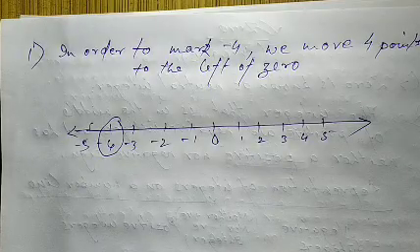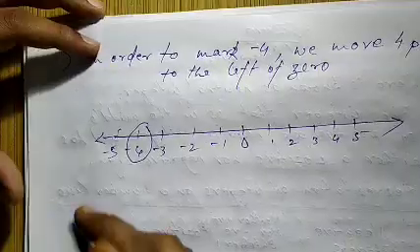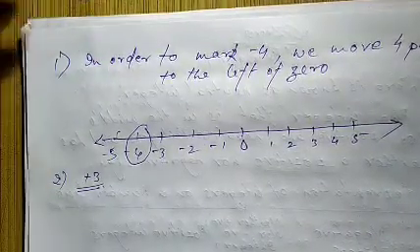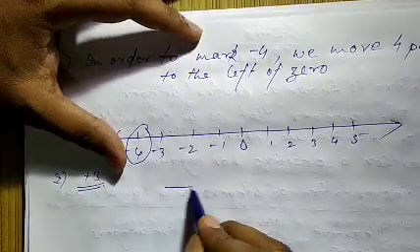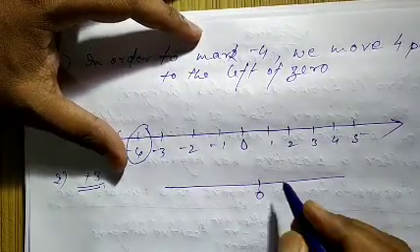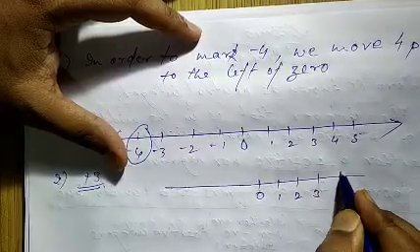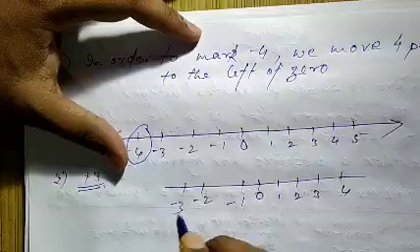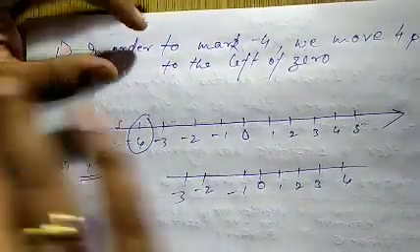See the second, some more examples. In order to mark +3. Suppose you have to mark +3 on the number line, with 0, 1, 2, 3, 4, and -1, -2, -3, like this.